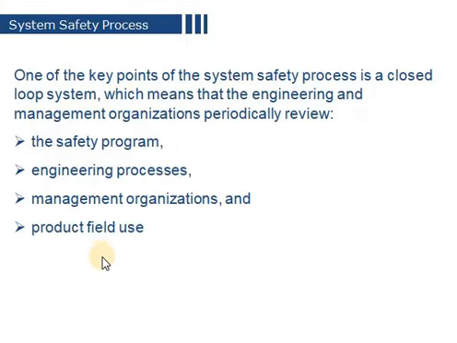So now you can see that the system safety process is a closed loop system. This means that engineering and management should periodically review the safety program, the processes, the management organizations, and the product field use.